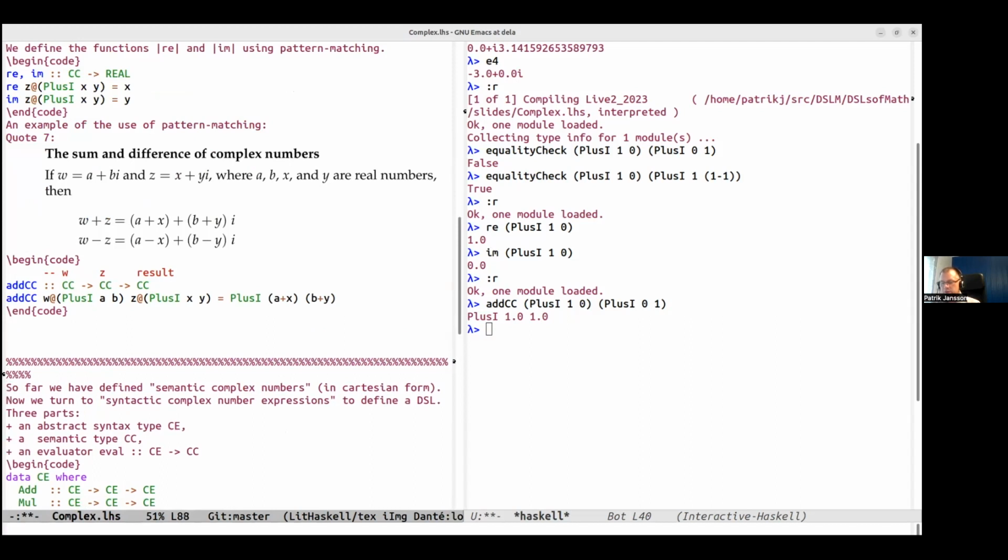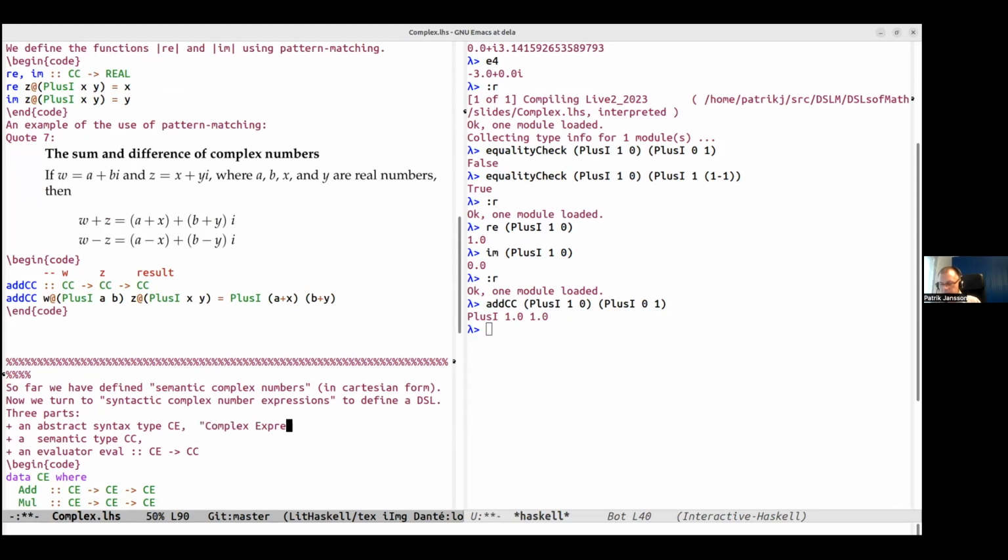And now we will turn to the first DSL, the syntactic complex numbers. I mentioned earlier that the DSL has three parts that we will look at: an abstract syntax type, which we will call CE, for complex expression.